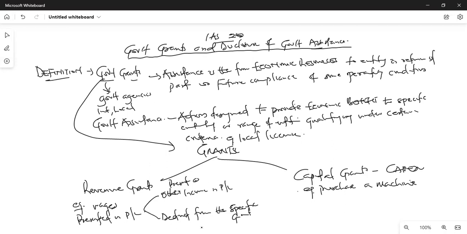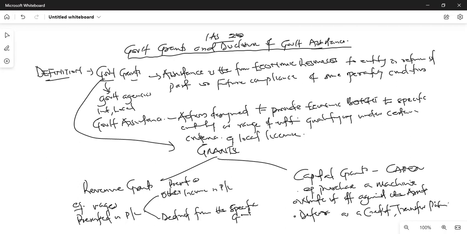When it comes to the capital grant, that one is similar. You can write it off against the assets, or you can also defer it as a credit, and you will be transferring portions every year to offset the depreciation in the P&L.